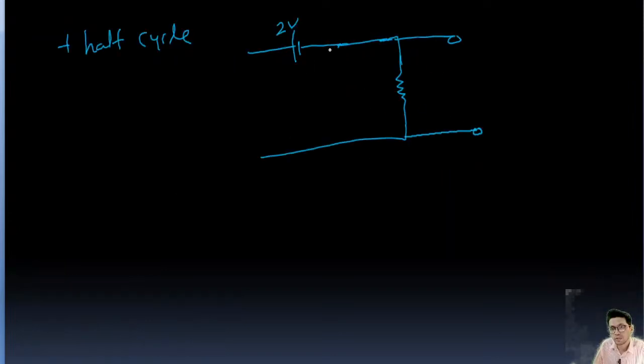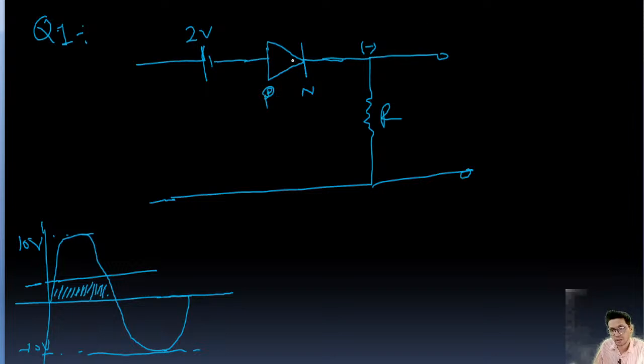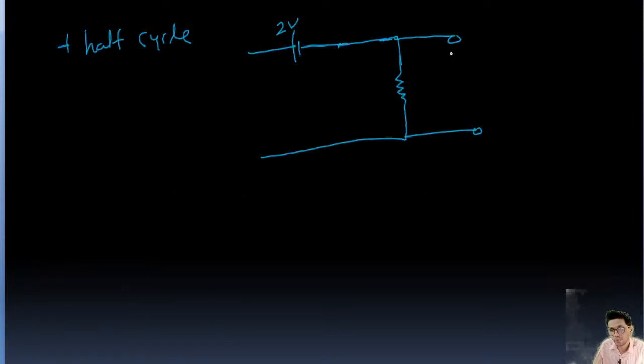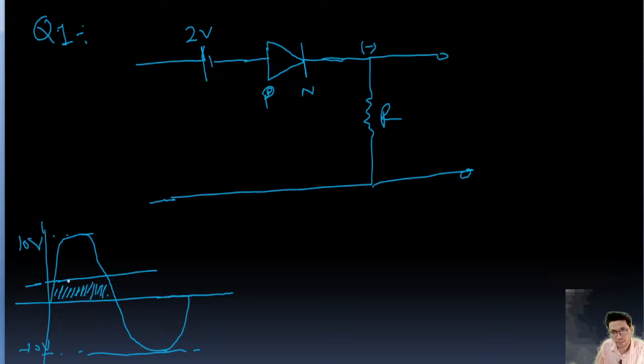This one, right? This short circuited means the figure will be like this. So the output voltage is going to be 2 volt, right? So this is the V output. So 2 volt means it will clip in the first half cycle. This part will be clipped.